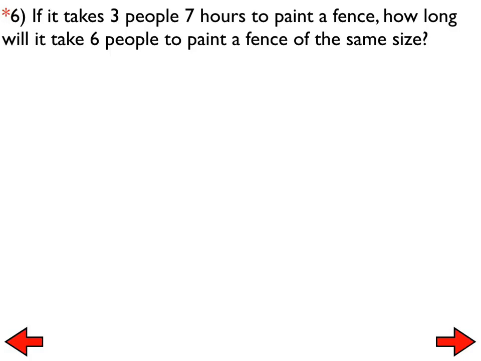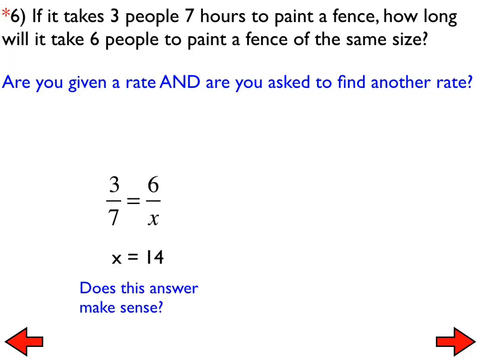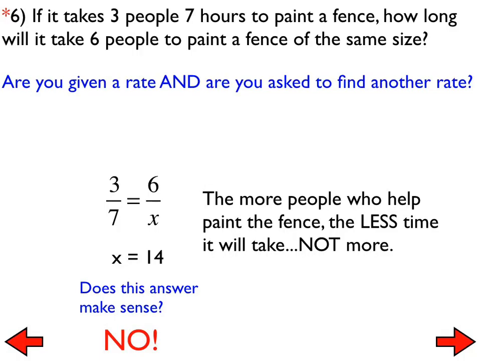Right? It sounds like you can use a proportion, but now let's think about it a little bit more in depth. You would set up your proportion like this probably, right? And then you would solve it and you get x equals 14, which I heard somebody say. However, does the answer make sense? It doesn't, because think about this.